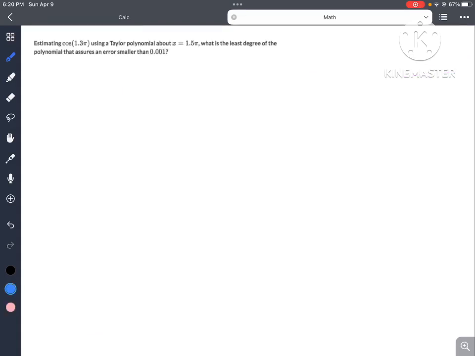So let's try an AP style question to test out our skills. Here we want to approximate cosine of 1.3 pi with the Taylor polynomial at x equal to 1.5 pi. So it's centered at x equal to 1.5 pi, or a is equal to 1.5 pi. And what's the least degree of the polynomial?